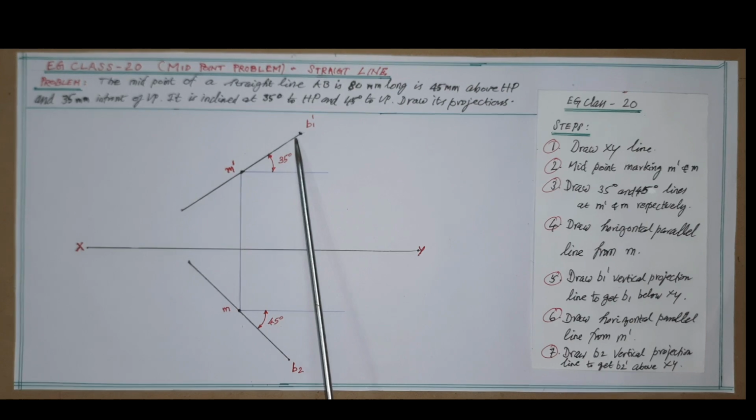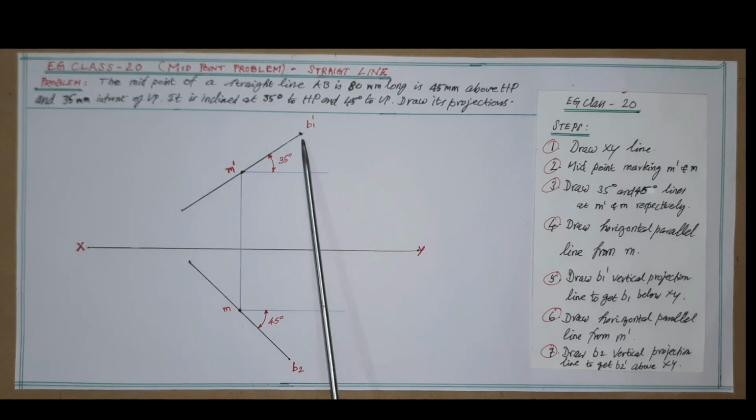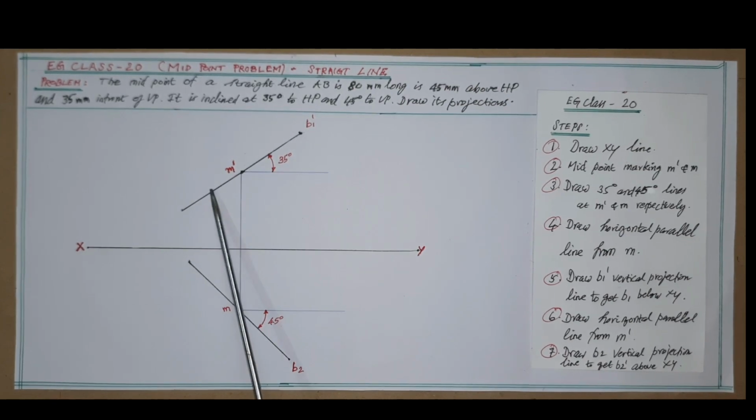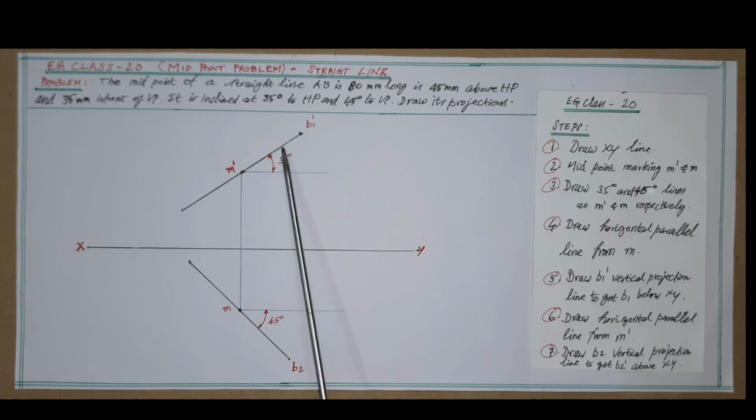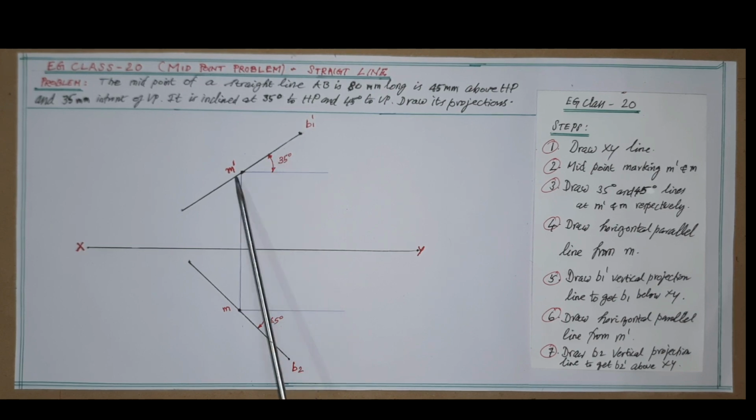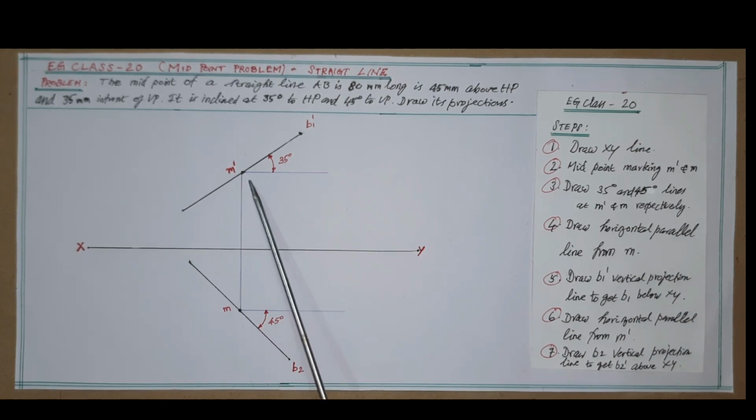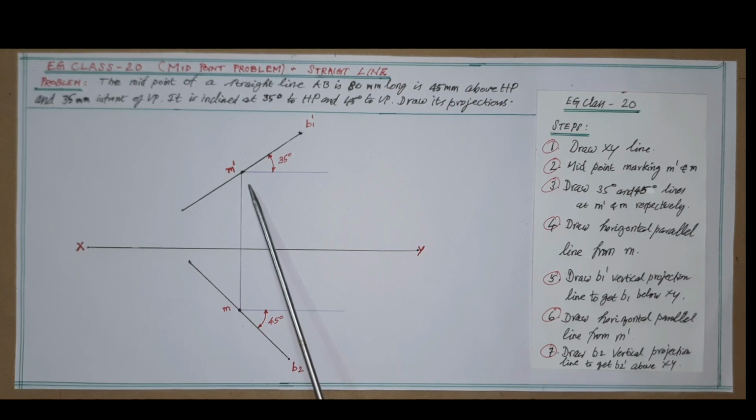That is the given data, that is the true length. So 40 millimeter on either side of M dash, since it is the midpoint. Remember, this is the true length or actual length of the line before the final image.